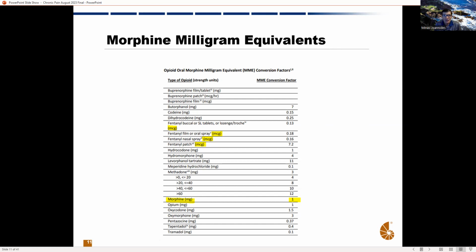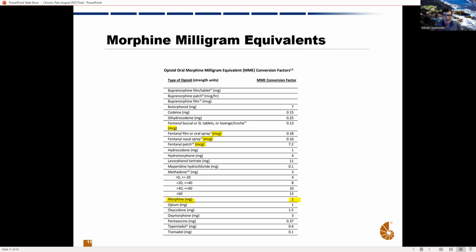The way those drugs are prescribed, or if they're used illicitly, those are in mcg, which is micrograms, a much smaller amount. Whether it's the film, the nasal spray, the patch, or whatever, of fentanyl, you can see very tiny amounts in micrograms, not milligrams, and that equals 1 milligram of morphine.